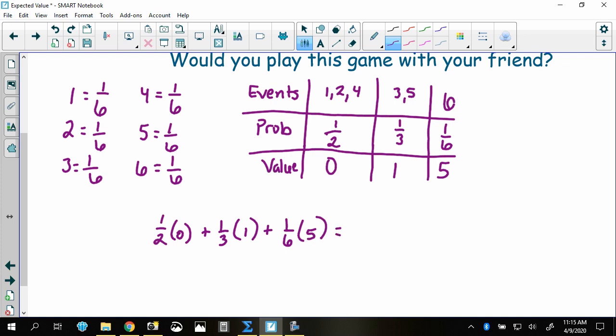Now, we don't need the actual answer to be exact, so you can put that in decimal form. So multiplying by 0 doesn't really do anything, so let's just take 1 divided by 3 times 1, plus 1 divided by 6 times 5, and you end up with 1.17.